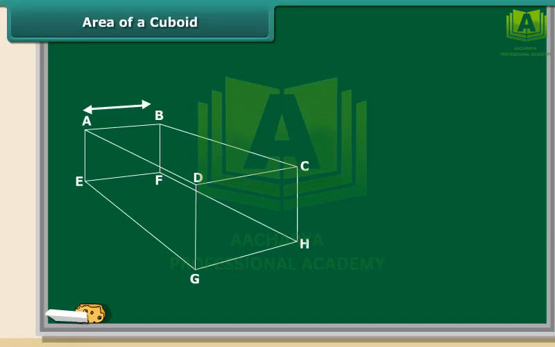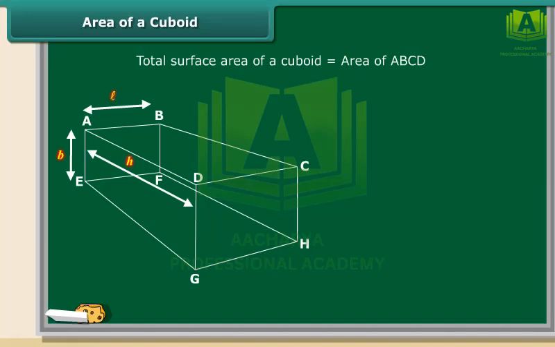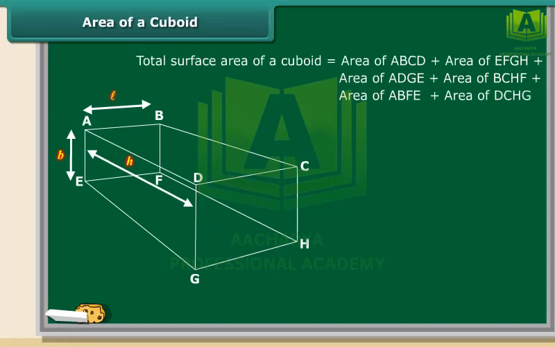Let AB be l, AE be b and AD be h. Then the total surface area of the cuboid is equal to the sum of the areas of 6 faces ABCD, EFGH, ADGE, BCHF, ABFE and DCHG, which is lh plus lh plus bh plus bh plus lb plus lb.